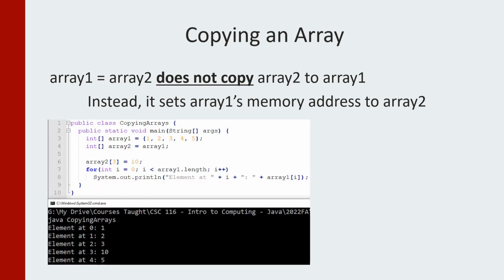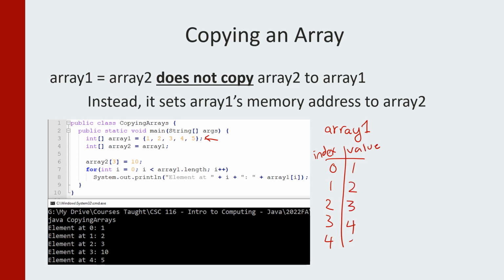I'm going to set array 1 to 1, 2, 3, 4, 5. So what does that look like for array 1? We'll have these indices 0, 1, 2, 3, 4, and then the values will be 1, 2, 3, 4, 5.